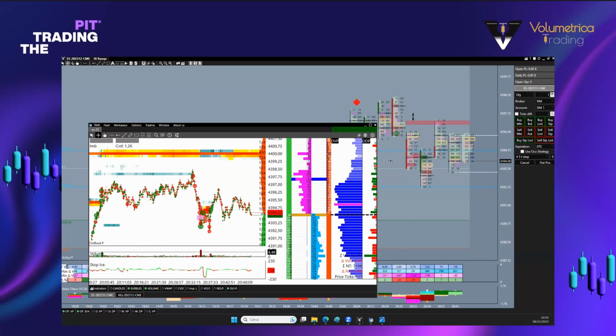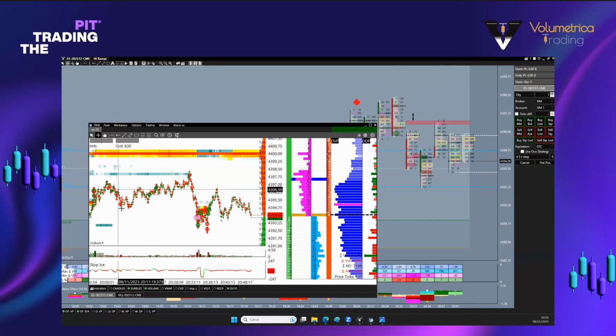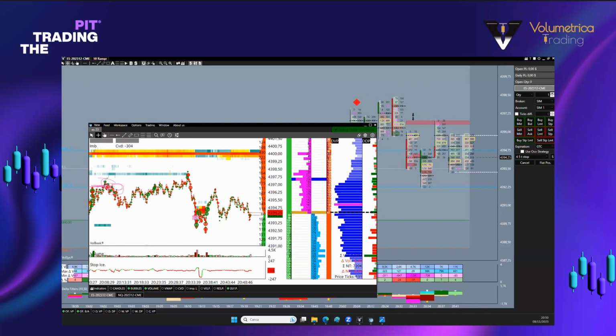But what I can actually see from here is what? That before this first push to the downside, look how weak buying bubbles were in this area. They were already weak after making the new high.